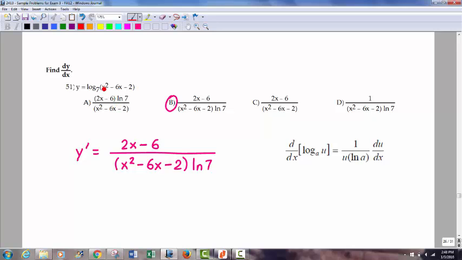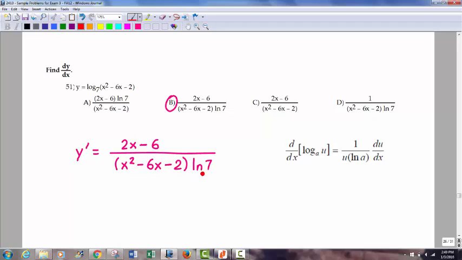So pretty straightforward. Log base 7 of x squared minus 6x minus 2. The du dx, obviously, is written to the side. That kind of means you can put it in the numerator of a fraction, because it's multiplication. So the derivative of what's on the inside, the u, all this stuff, would be just 2x minus 6 over the u, which is x squared minus 6x minus 2.